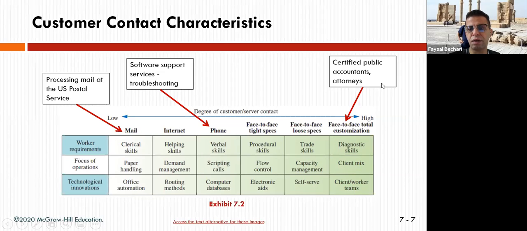On the other hand, for example, in certified accounting or doctors face to face, it has to be customized, and you need to talk to the client, see what they're looking for, and you provide them the service they're looking for.